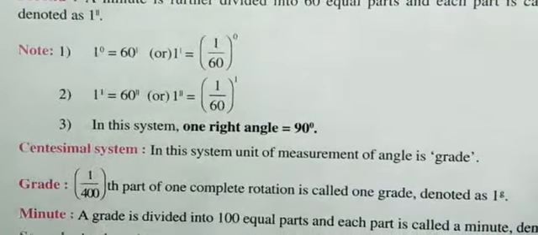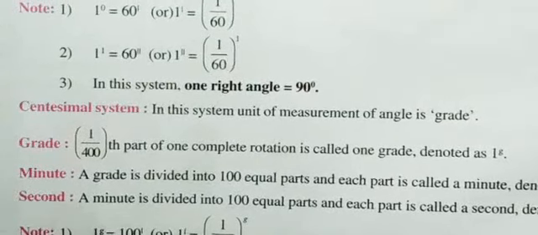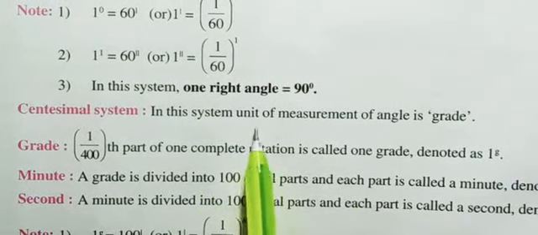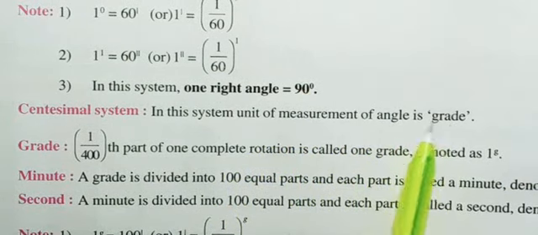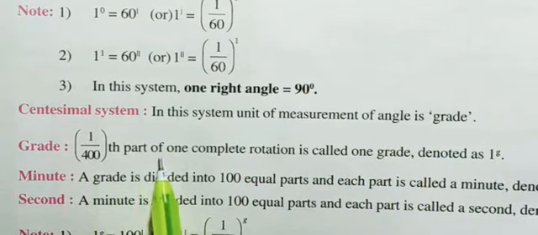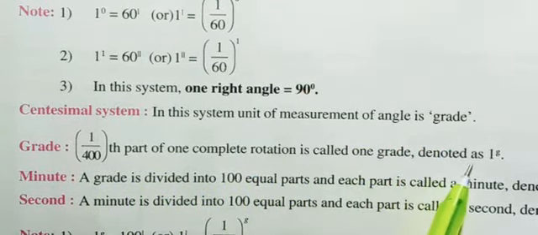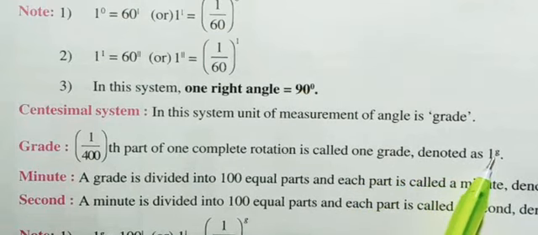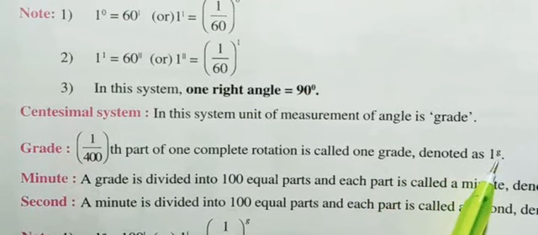Next move to the centesimal system. In this system, the unit of measurement of angle is the grade. What is a grade? 1/400th part of one complete rotation is called 1 grade, and it is denoted by 1 with a small g.